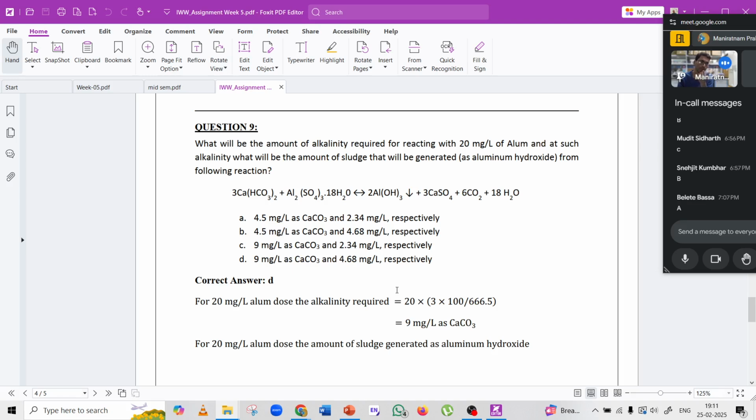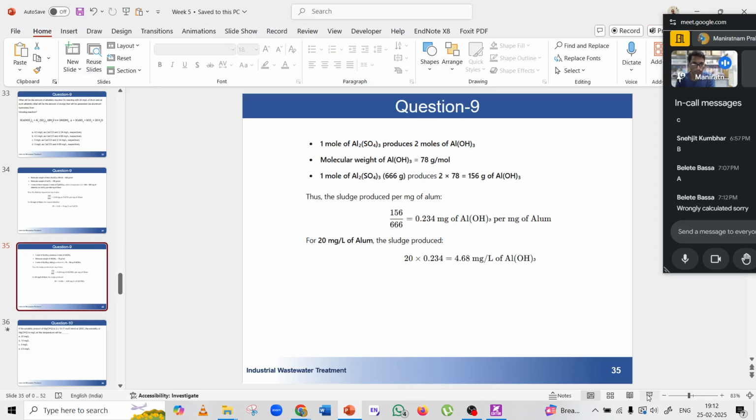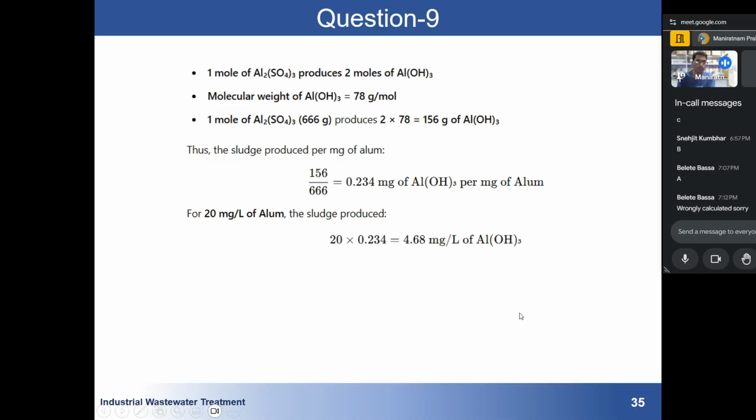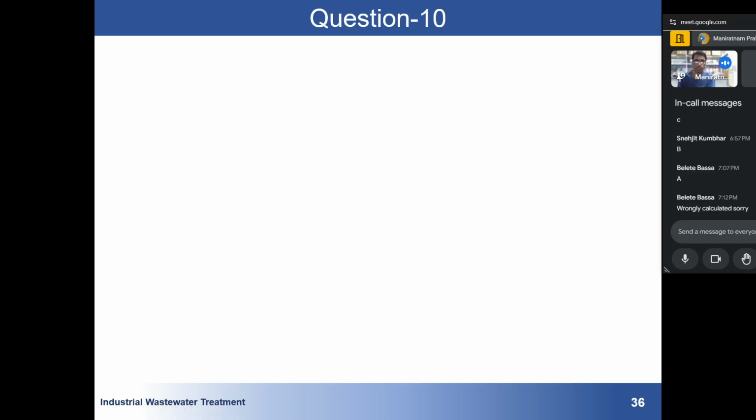How did you get 4.5 and 2.34? If you have a doubt, you can ask, or else we will move forward. Wrongly calculated. Okay, I hope this is clear to you. This is a very simple question. You don't have to do anything.